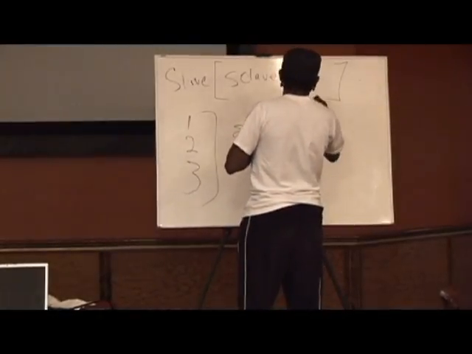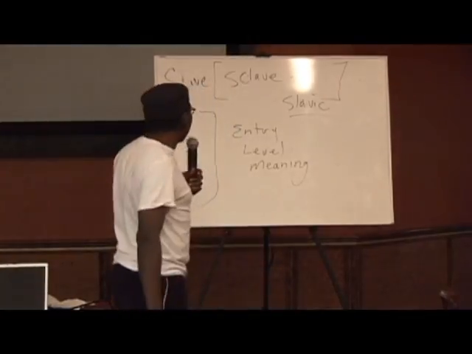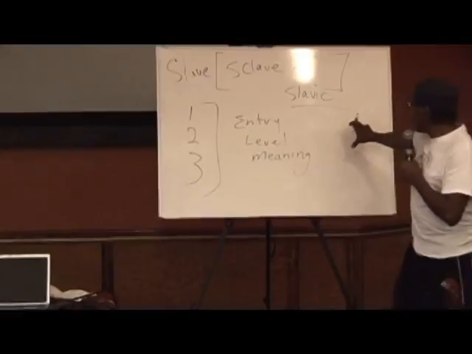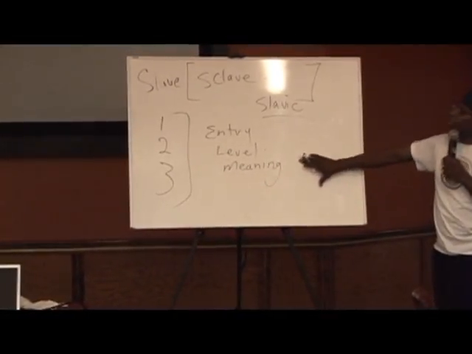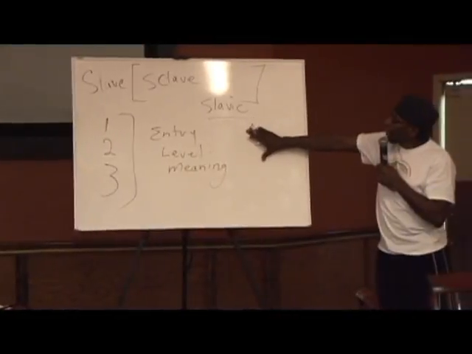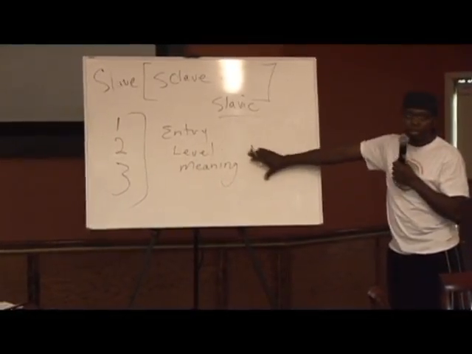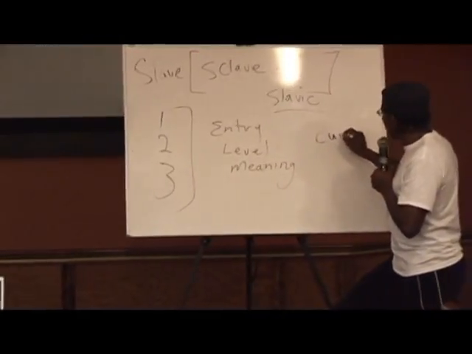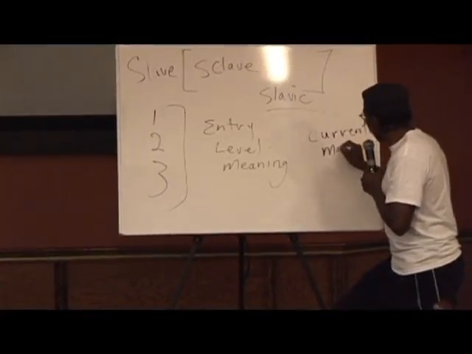Slavic, Eastern European nationality. In the entry-level meanings, you'll see the connotations. One who's conquered, oppression. That's connotation. They would call this current meaning. Current meaning.